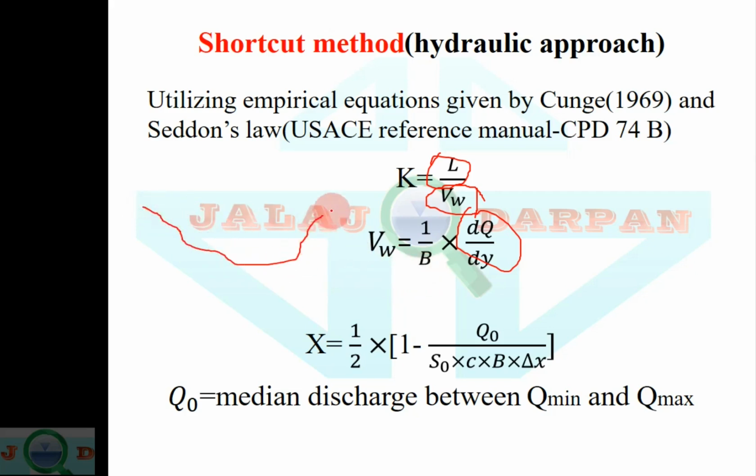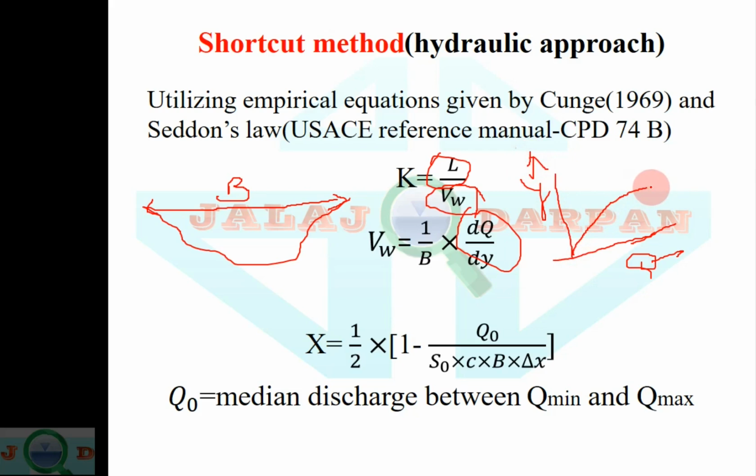Suppose this is the river cross section, then this is the top width, B. And dQ by dY is the stage discharge curve at some section of the upstream, with Q on the x-axis and the water level on the y-axis.